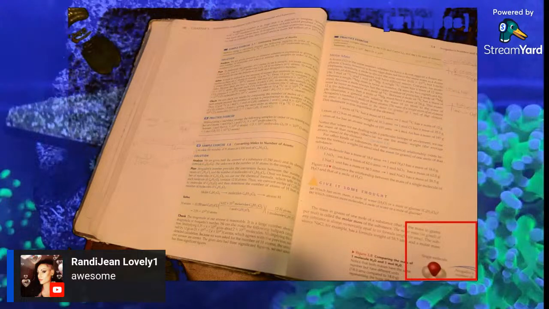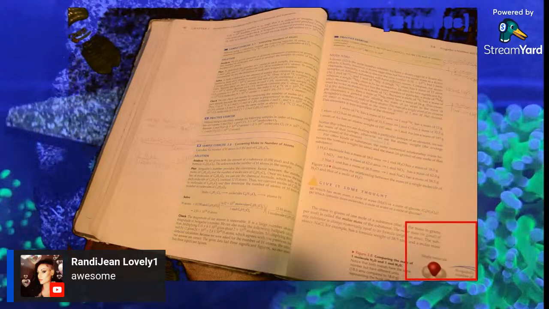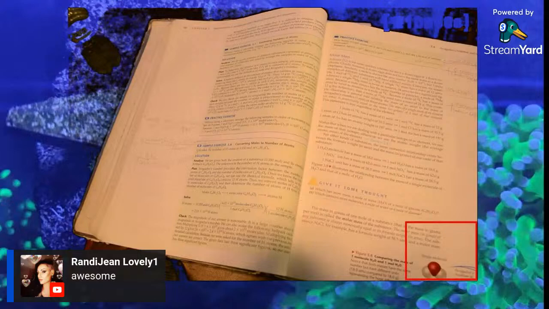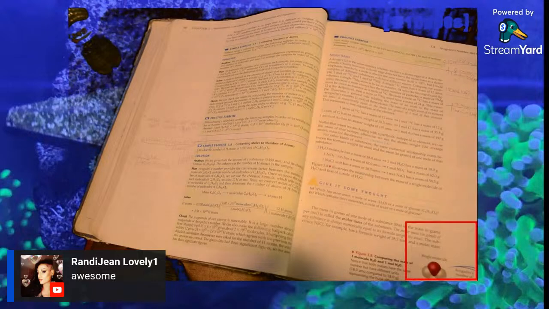So we're barely in chapter 3, and most high school students are probably halfway through their semester or almost ending their semester. They should be around December.